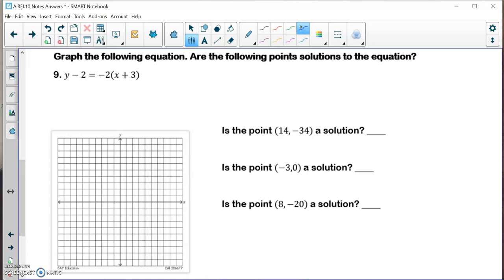You could put this in slope-intercept form if you wish. I'm not going to. I'm going to start with the point negative 3, 2. And now I'm going to graph my slope of negative 2, which would be negative 2 over 1. Down 2 over 1, down 2 over 1.